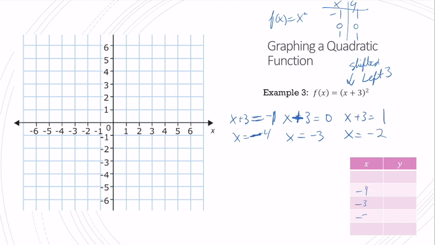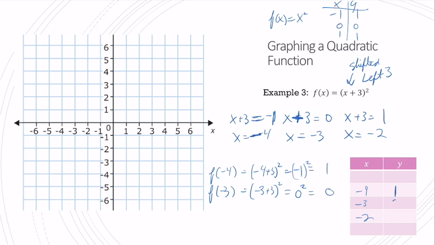And I could substitute those values in, right? F of negative 4 gives me negative 4 plus 3 squared, so negative 1 squared, which is 1. F of negative 3 equals negative 3 plus 3 squared, 0 squared, which is 0.